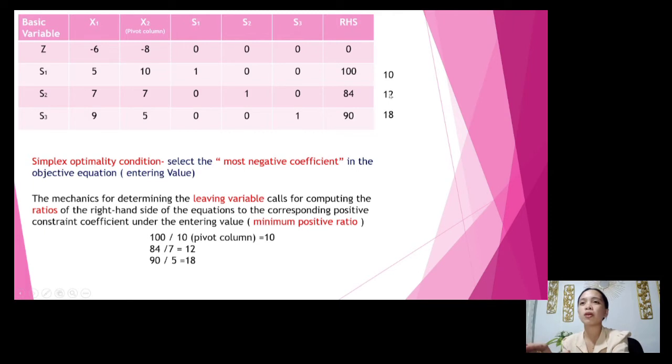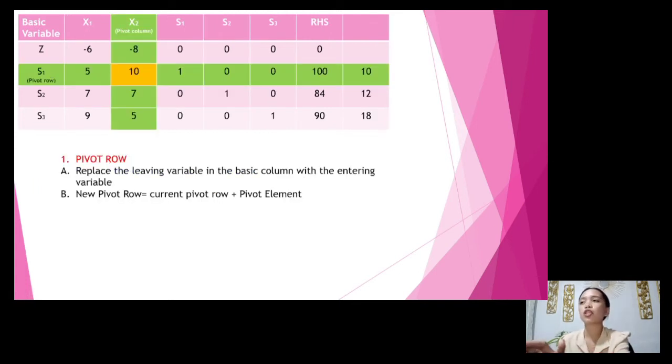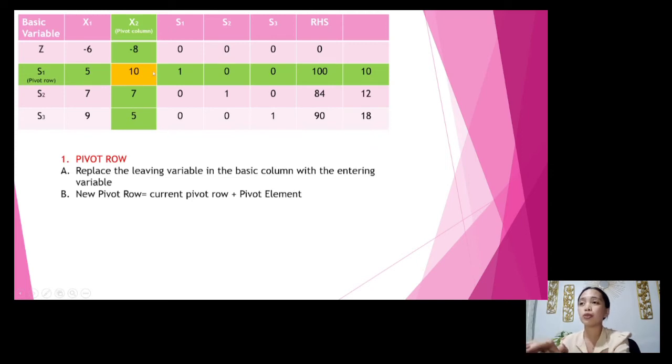The minimum for this group is 10, which is located in s sub 1. So our pivot row now is s sub 1, and our pivot column now is x sub 2. So this is our pivot column and pivot row.